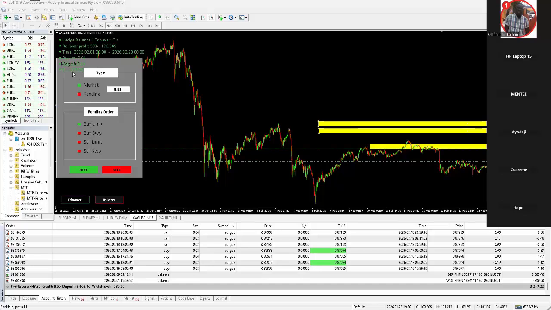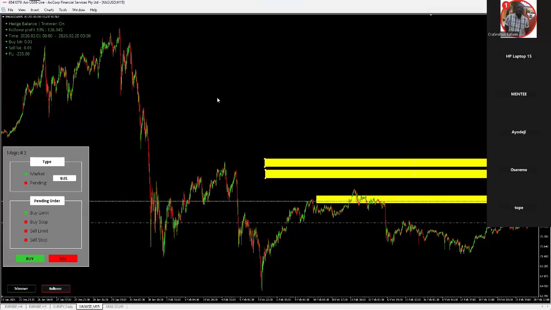Okay, we know that we have $235.85 here, and this is our total profit. You understand what I'm saying? We can decide to close this, because at least we put profit and loss here. On this chart, silver is taking minus $235.80.